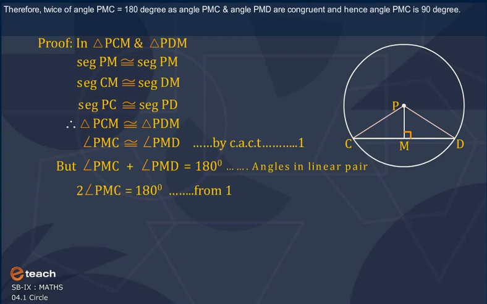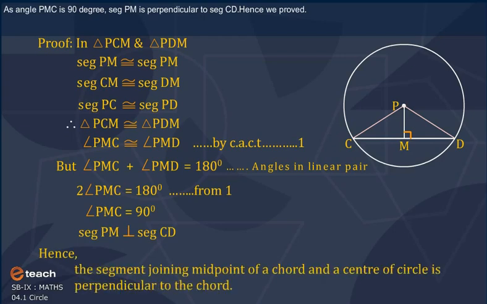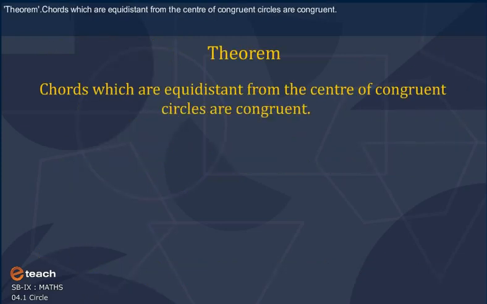As angle PMC and angle PMD are congruent, angle PMC is 90 degrees. As angle PMC is 90 degrees, segment PM is perpendicular to segment CD. Hence, we proved.